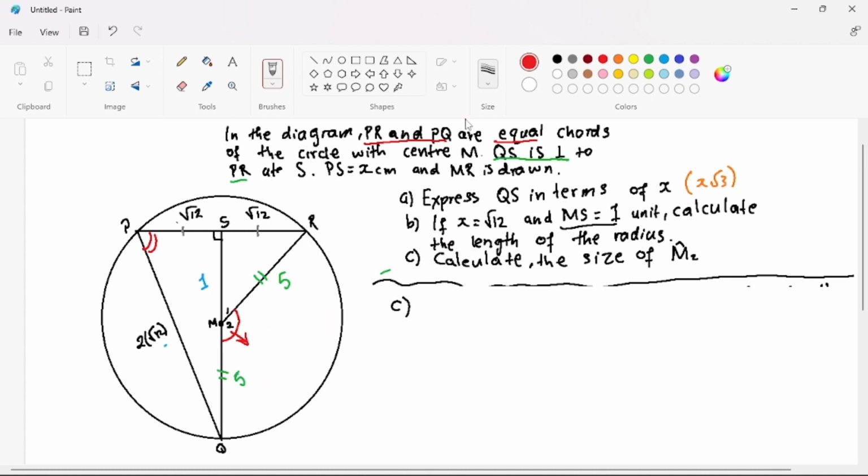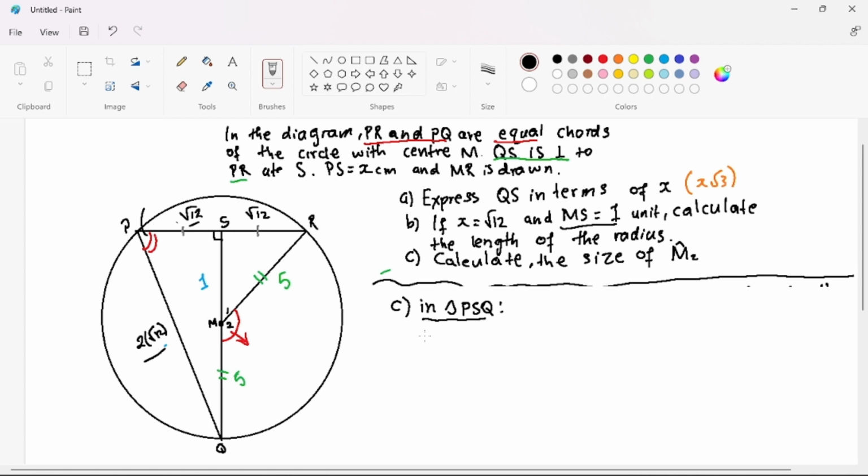So we are also going to consider triangle PSQ. Why are we considering PSQ? Because we do have sides of this triangle, and we can simply use our trigonometric ratios to get this angle.